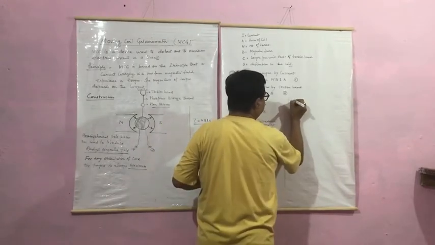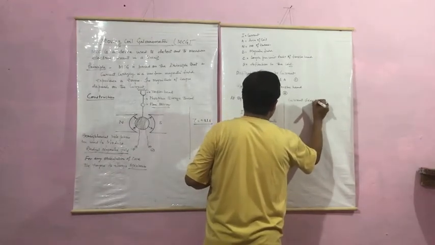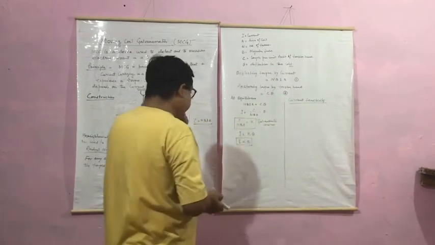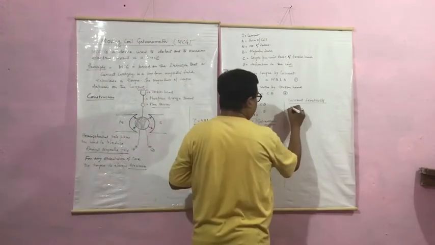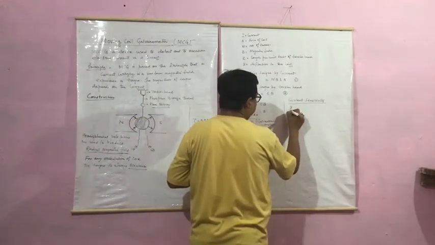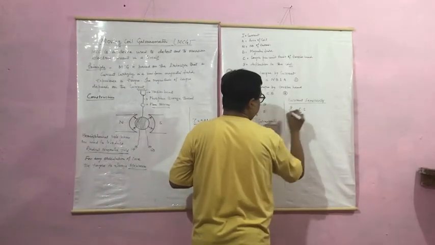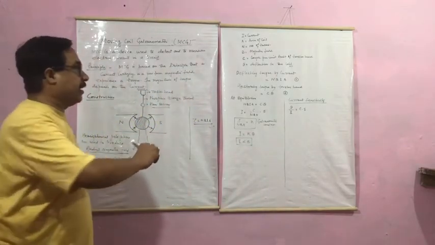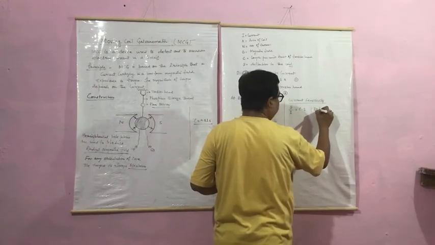Current sensitivity. Current sensitivity of galvanometer is given by the formula theta by I. So the deflection by unit current.